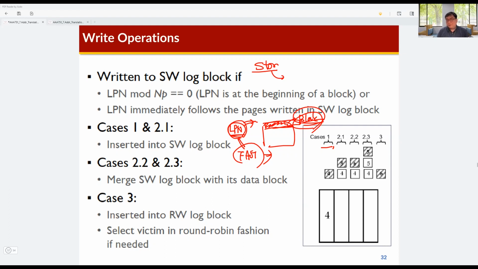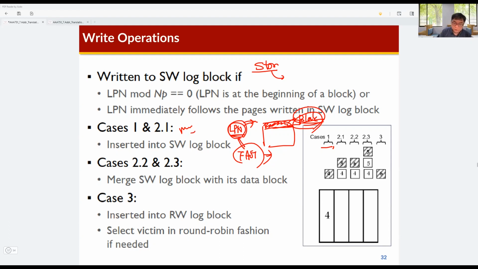That can be inefficient, because a random write can also request the first page of the log block. But this is just a rule.